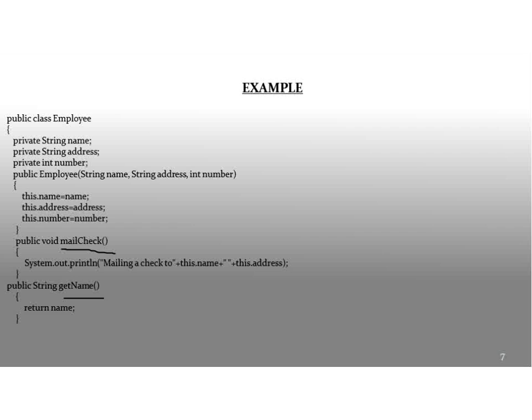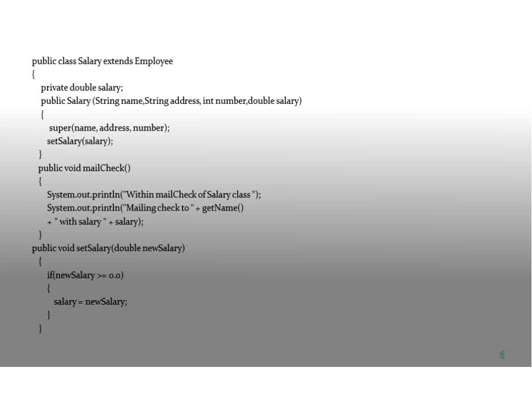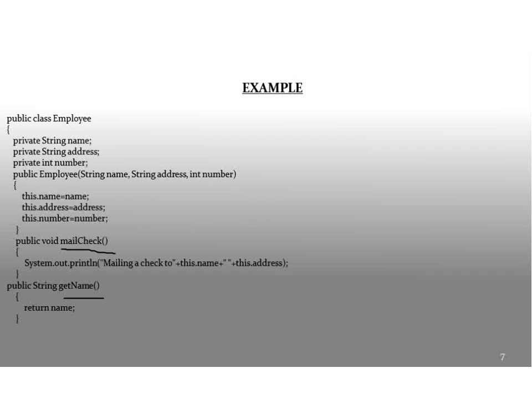So let's see an example. Here we have an Employee class, and we have a method called mailCheck. Now we have a Salary child class which extends the Employee parent class.